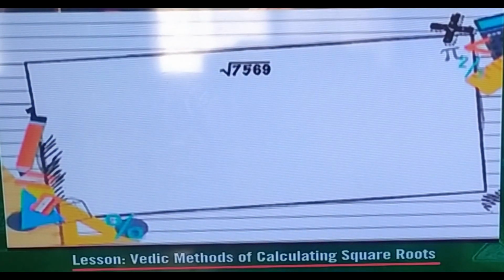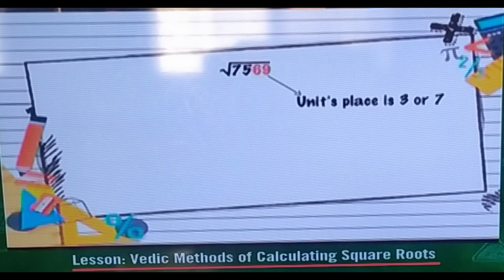Square root of 7569. There are 2 pairs of digits. This implies that there are 2 digits in the square root. Right pair is 69. So the units place has to be 3 or 7. Left pair is 75. Closest square root to it is 8.